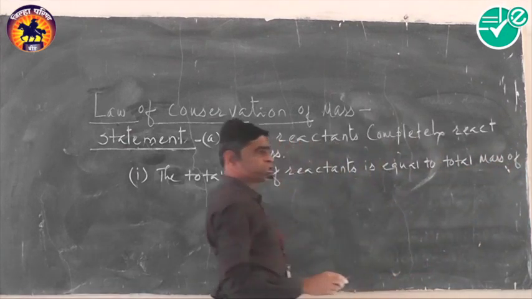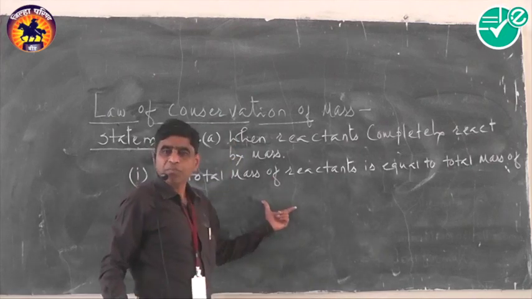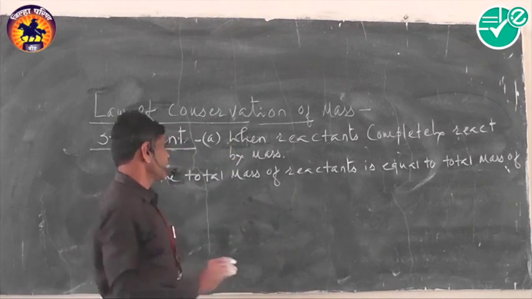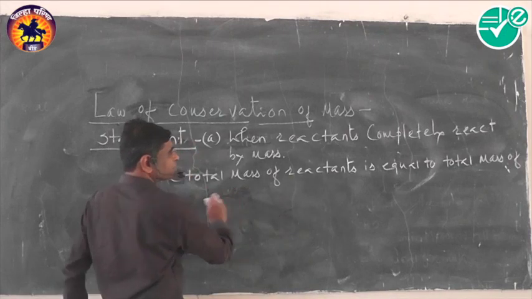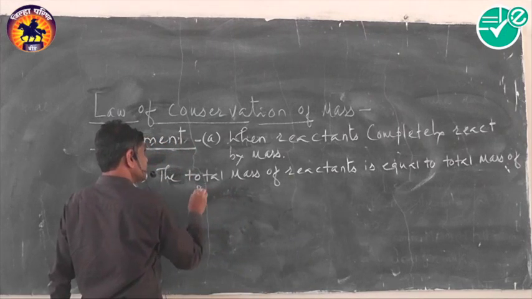But what is the basic condition? The given mass of reactants must completely react, and so the total mass of reactants is equal to the total mass of product.